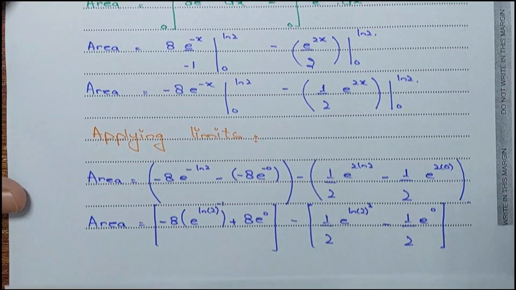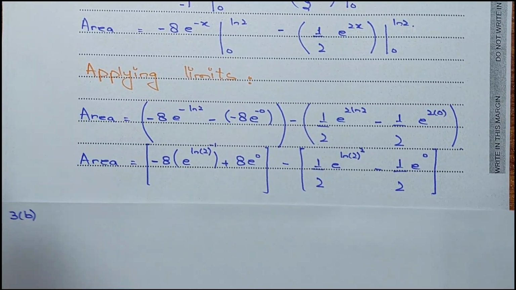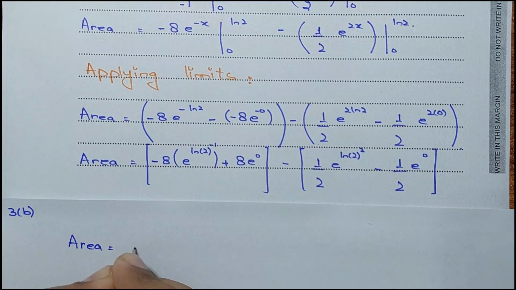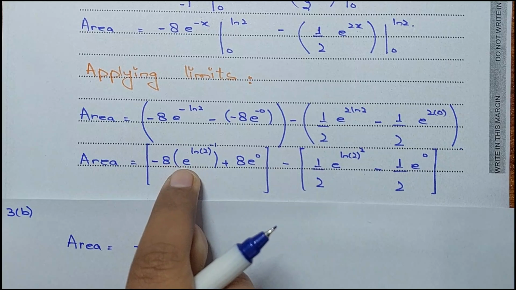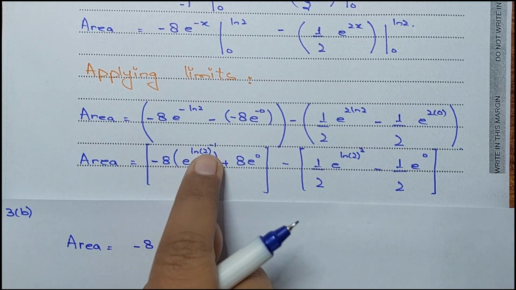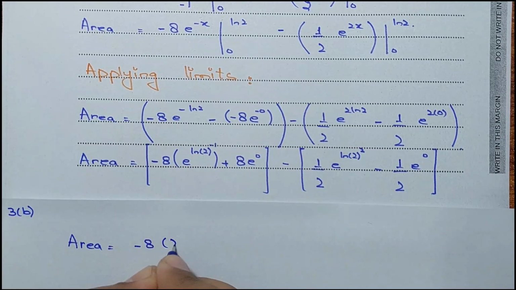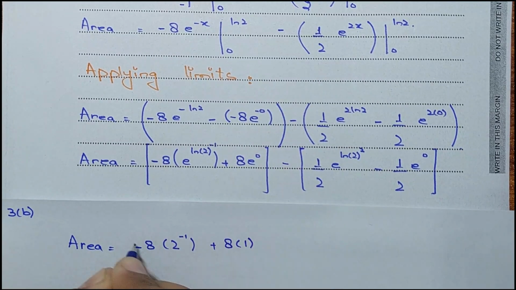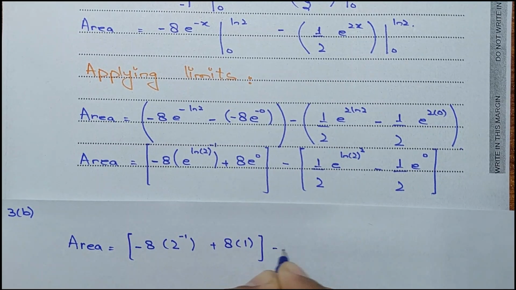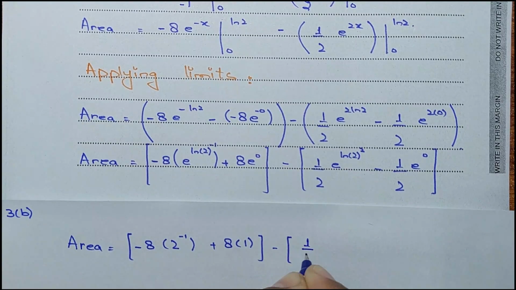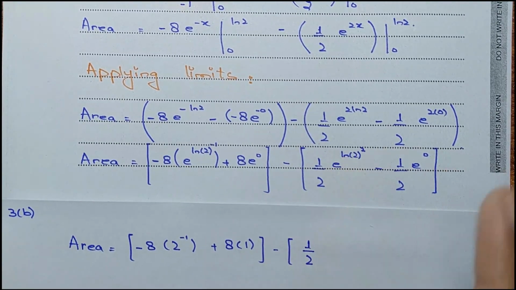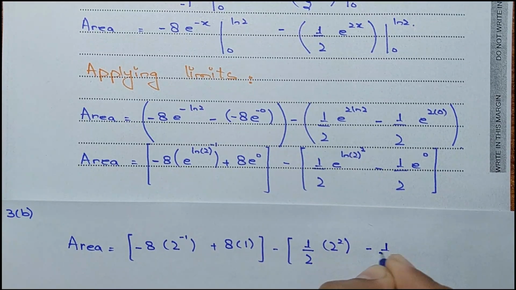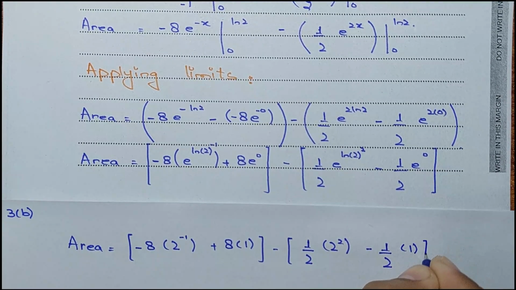Further simplification, we can say the area becomes negative 8, e and ln is just 1, and 2 to the power minus 1, plus 8 e power 0 is just 1. Anything to the power 0 is 1, minus this is 1 by 2. E and ln is 1, it's 2 power 2, minus 1 by 2 e power 0 is just 1.